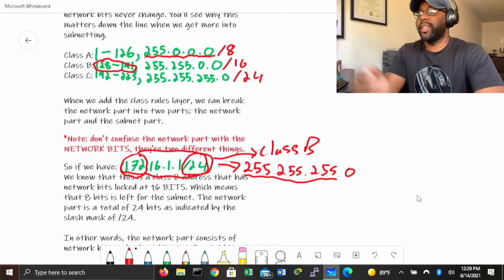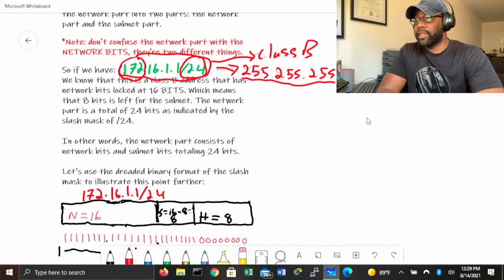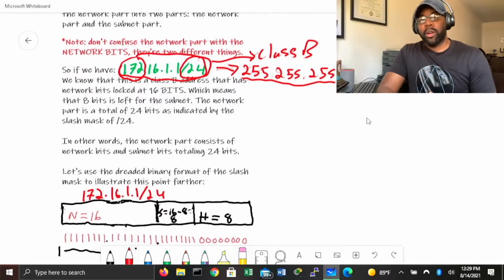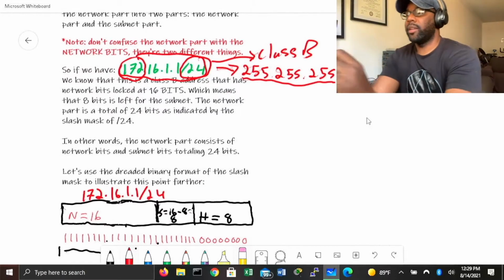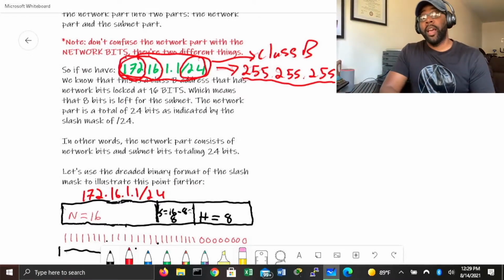So we can see it's a class B address, and as per our IPv4 video, this indicates that it's a class B private IP address, right? Again, we have 172.16.1.1 with a slash mask or subnet mask of 24, or in dotted decimal notation, 255.255.255.0, right?